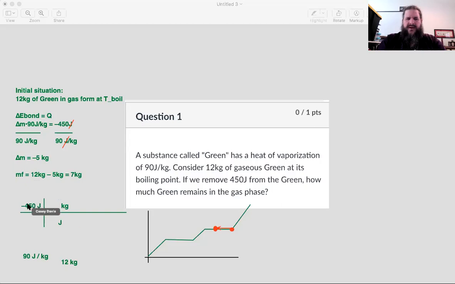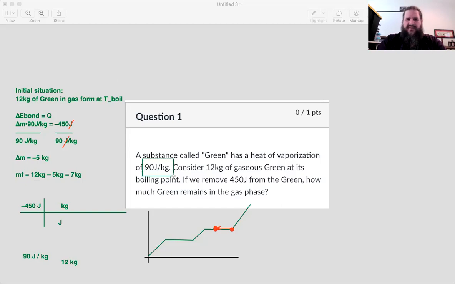If you can find some way to get joules to cancel out and introduce kilograms, which means we're going to need some sort of conversion factor, some sort of relationship between joules and kilograms. Do we have any quantities listed here that include joules and kilograms? Yeah, the heat of vaporization.